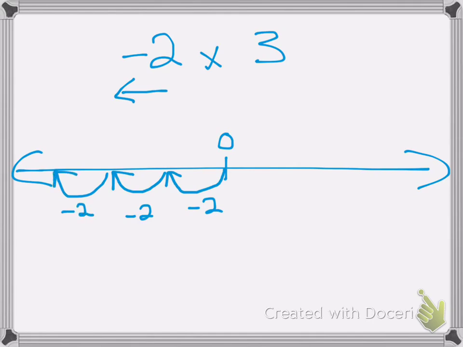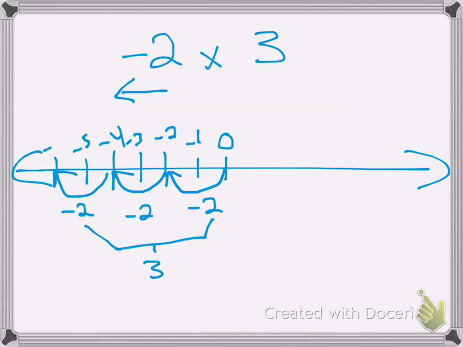There's a negative 2. See how it went 3 times? So that is what negative 2, 3 times would look like. Well, clearly there's some nice little hash marks here to show you on your number line. So there's negative 1, negative 2, negative 3, negative 4, negative 5, negative 6. Okay? So the answer to this is negative 6.